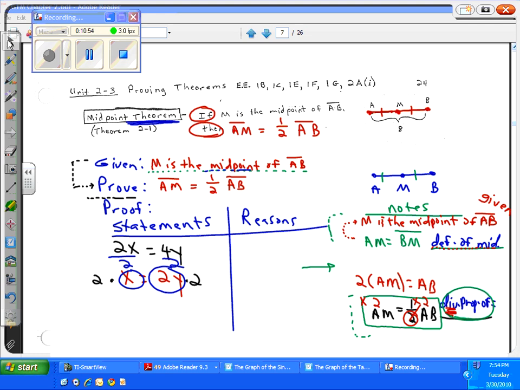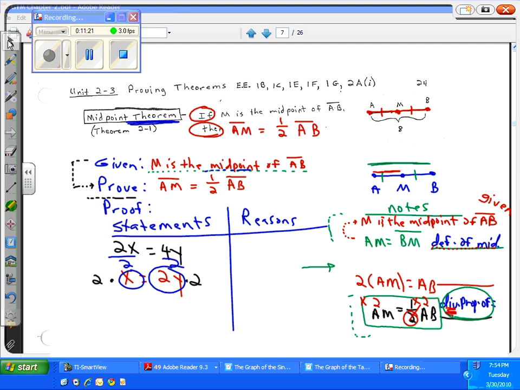Well, you can say, well, I can do that, but I need a reason for that. How am I going to get, let's go to the picture, 2 AMs is equal to an AB? You can kind of start seeing it, can't you? 2 AMs is equal to an AB. But you see, I can't take the picture and say that.